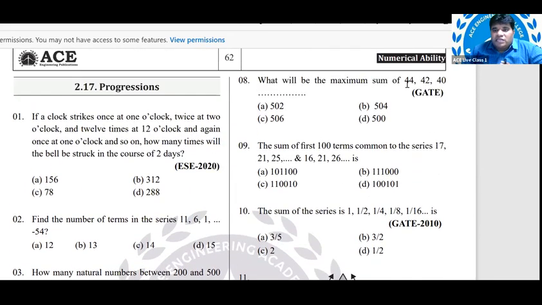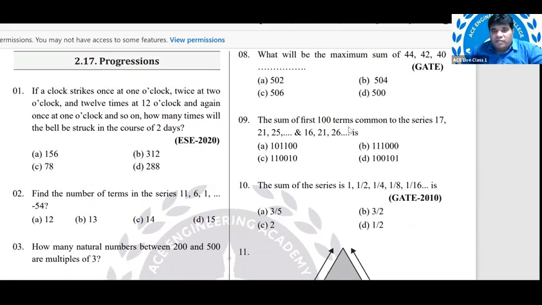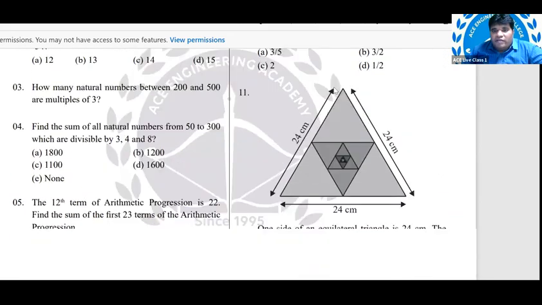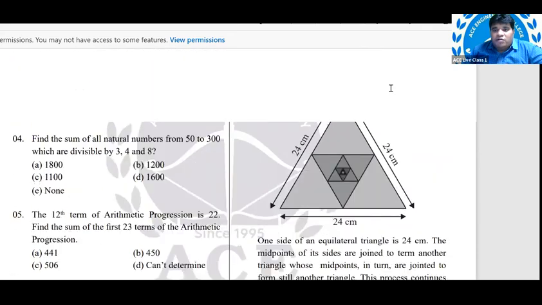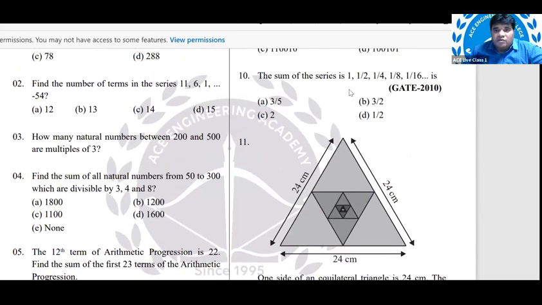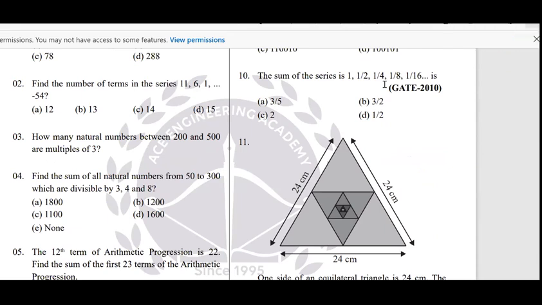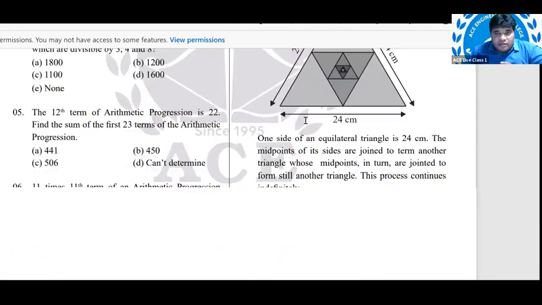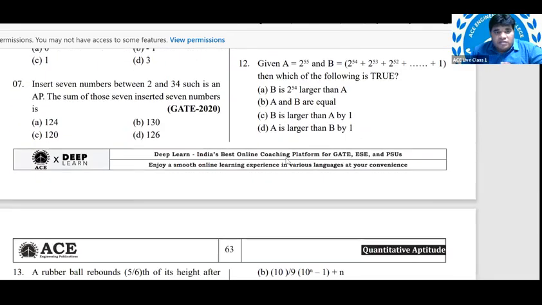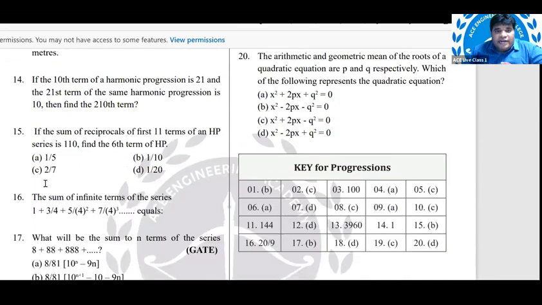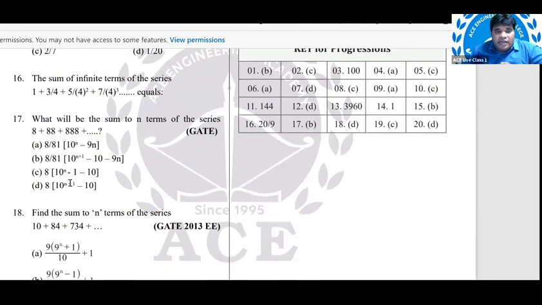What will be the maximum sum of 44, 42, 40? Sum of the terms formula. Here, 1, 1 by 2, 1 by 4. Already told the answer. What is the answer, Girija? 1 plus 1 by 2, 1 by 2 square, 1 by 2 cube, so the answer is 2. Completed. This type has the same answers.